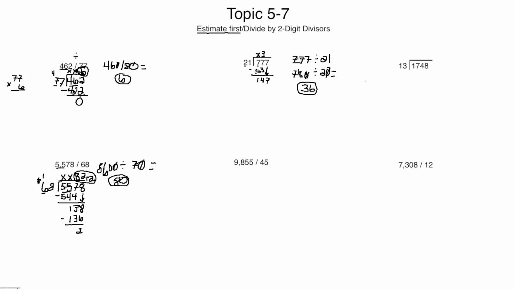How many times can 2 go into 14? That's 7 times. 7 times 1 is 7. 7 times 2 is 14. Subtract. There is my actual quotient, 37, which is pretty close to my estimated answer.